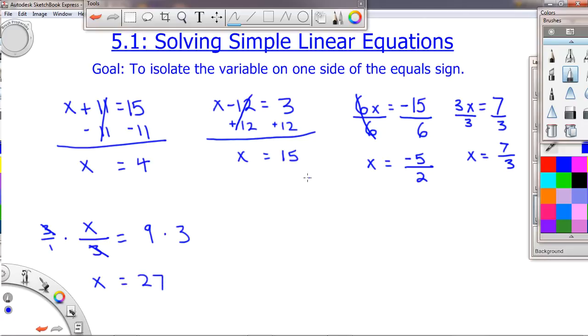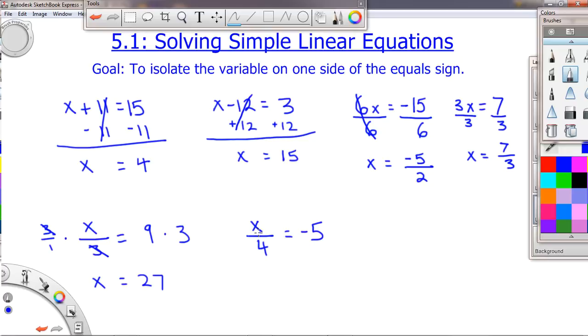Let's do one more fraction. Let's say that x over 4 equals negative 5. Okay, here x is being divided by 4. So if I want to cancel that out and get the x by itself, I need to undo that operation.